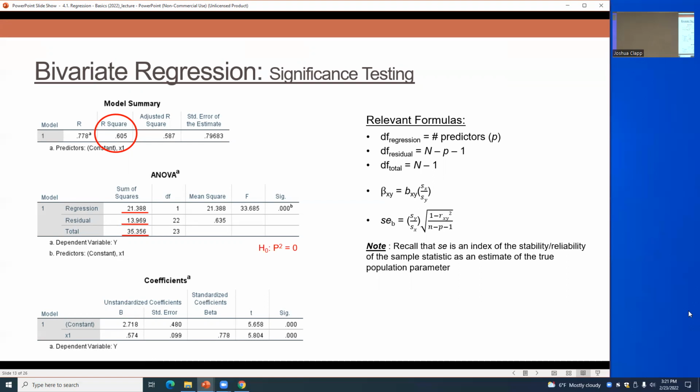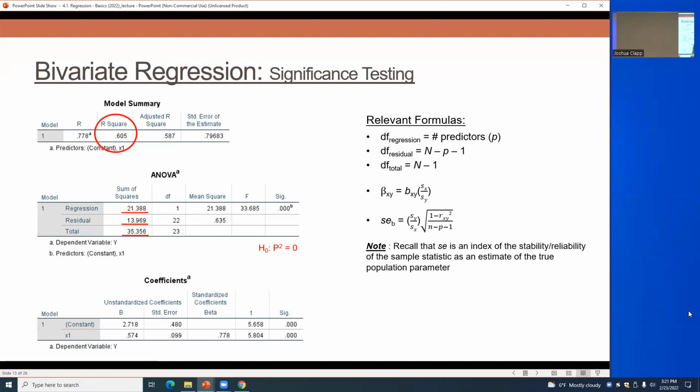And so even with 24 people total in my sample, the fact that I've got a massive R squared, I'm sort of not shocked that I got strong evidence, compelling evidence against the null hypothesis that the multiple correlation, or my R squared in the larger population, is equal to 0 for X and Y, okay?